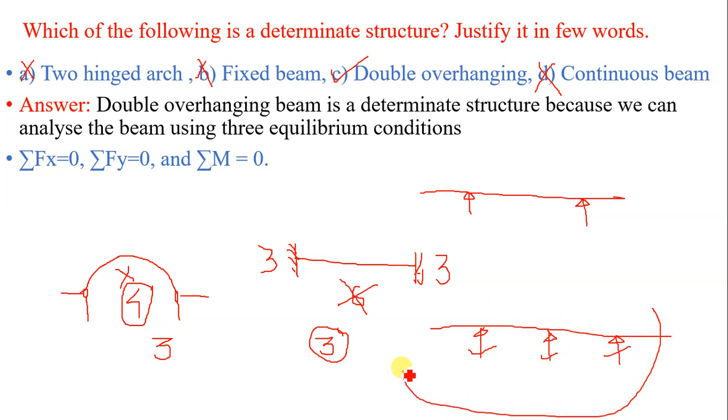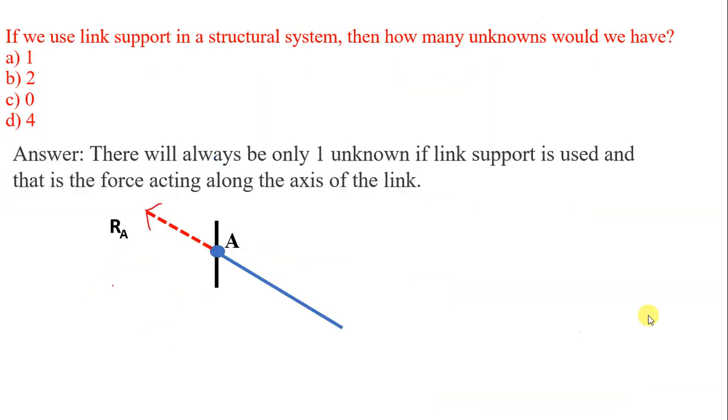So continuous beam is externally indeterminate but internally determinate because we can calculate the internal unknowns, namely shear force and bending moment. But here the correct answer is double overhanging beam. Double overhanging beam is a determinate structure.